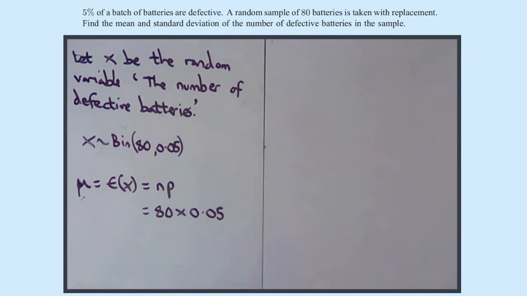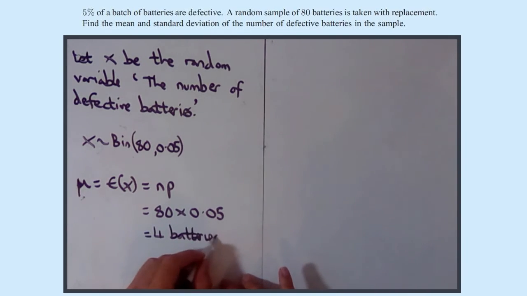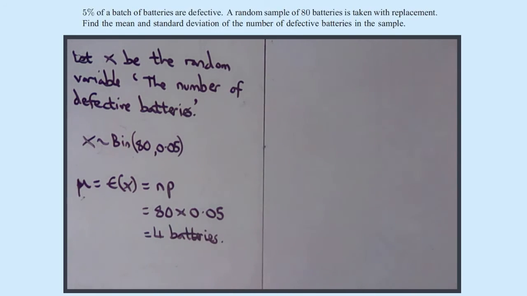If you think we're finding 5% of 80, well, 10% of 80 is 8, so 5% of 80 must be 4, so that's 4 batteries. On average, if we took one of these samples every day for a long time, you would expect a mean of 4 defective batteries per sample, unless things changed.